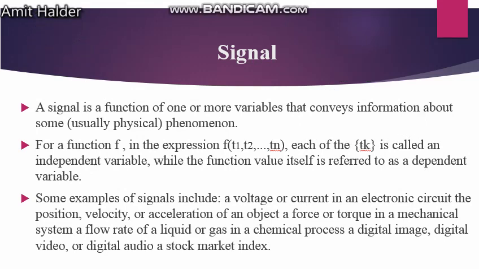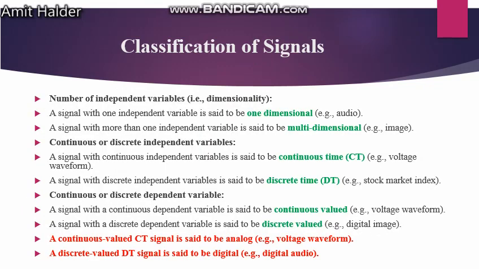So my dear students, signal is a very easy thing. Now coming back to the point, the classification of signals. We took three big criteria to classify the signal. First of all, here you can see in the slide, the number of independent variables.